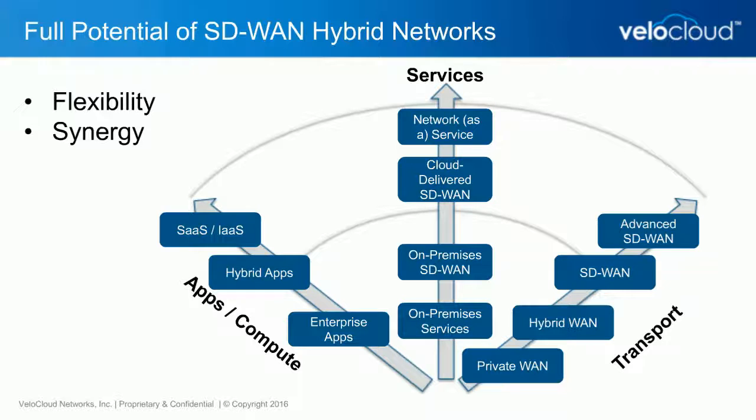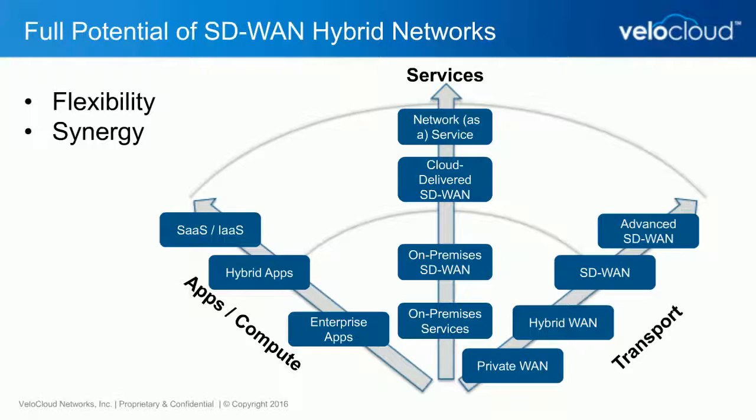So by moving the on-premise services, enhancing them with SD-WAN, extending the SD-WAN to the cloud, as well as other services, overall SD-WAN makes the selection of these very flexible. There are absolute benefits and synergy to match these across. For example, to not only leverage internet, but also cloud-delivered SD-WAN services.